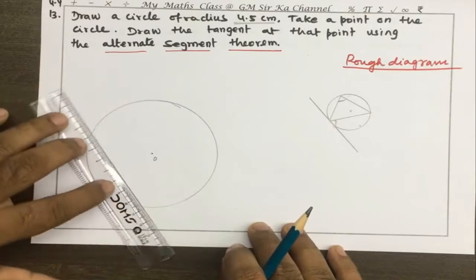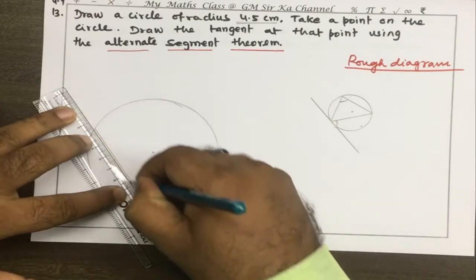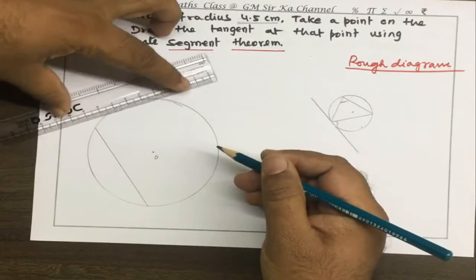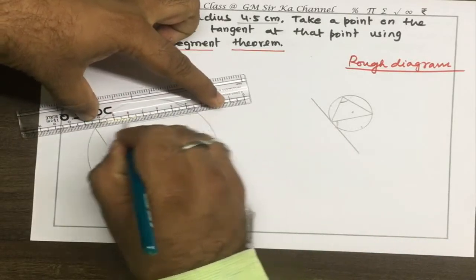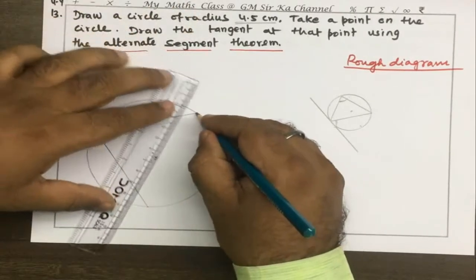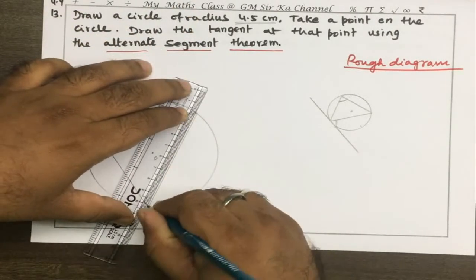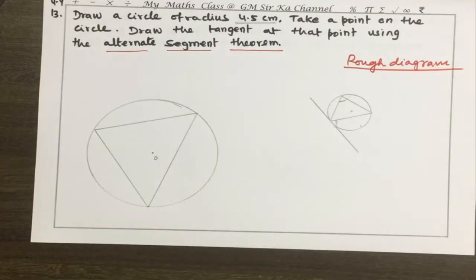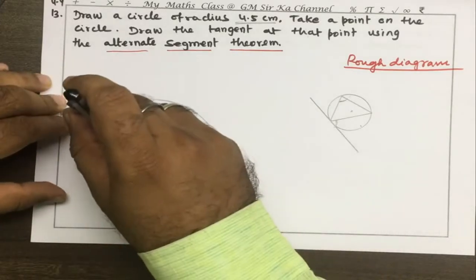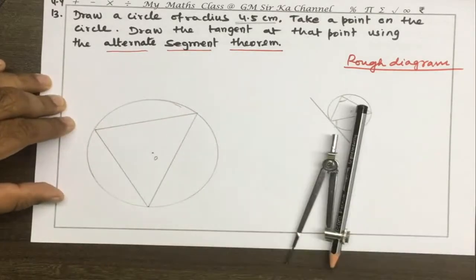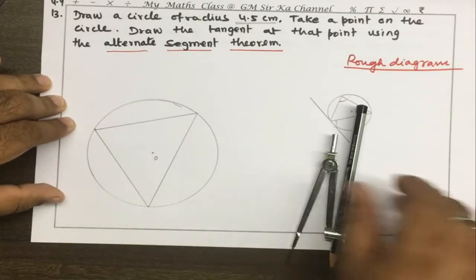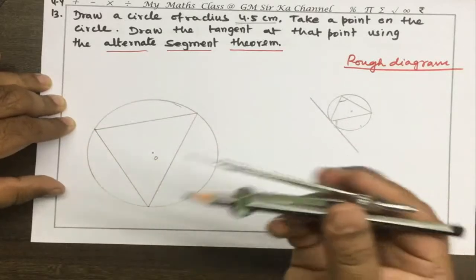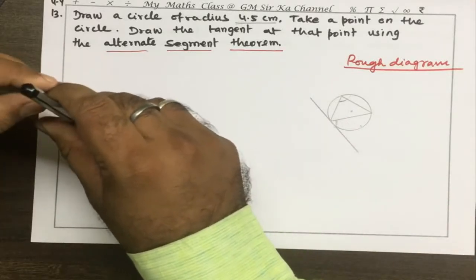Any triangle is now drawn inside the circle. Any one point on the triangle which is on the circle is taken, any radius taken in the compass.